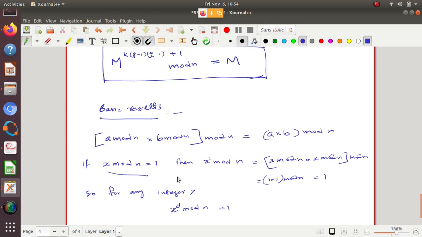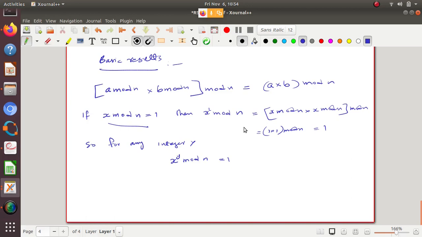If x mod n is 1, then x to the power y mod n will also be 1 by using the above property. So we have a result: x to the power y mod n is equal to 1 if x mod n is equal to 1.